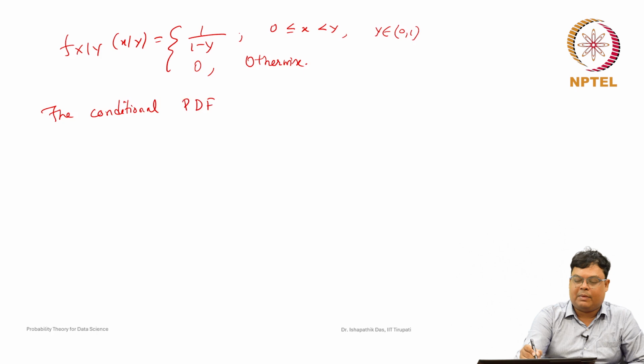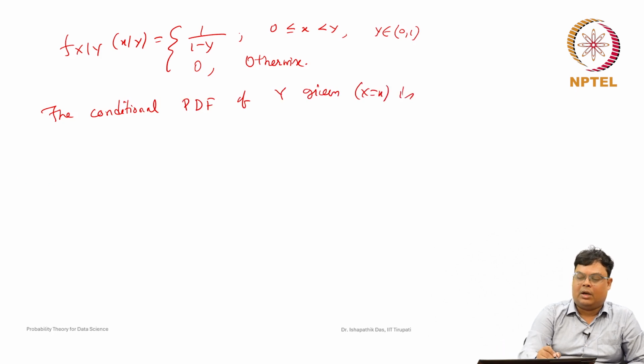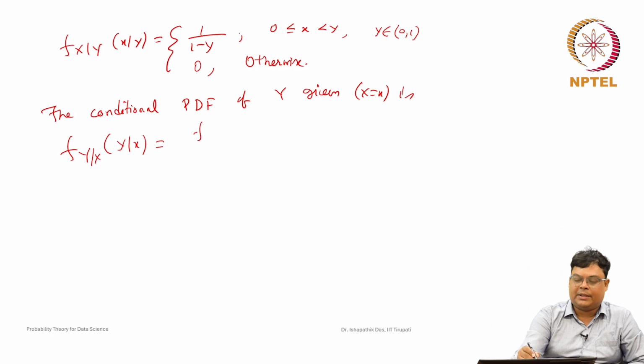Similarly, the conditional probability density function of y given x equal to x is f of y given x, by definition this is f x y by f x x.